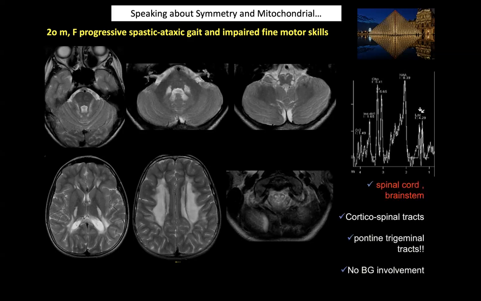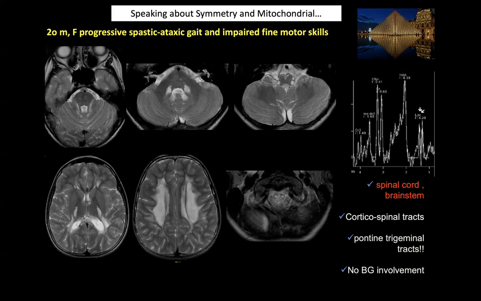And remember, it's very important to check for the spinal cord and brainstem involvement. There is another paper by Cesar Alves and colleagues about the spinal cord involvement in mitochondrial disease that is often neglected, and involvement of the corticospinal tract and pontine trigeminal tracts is very typical.